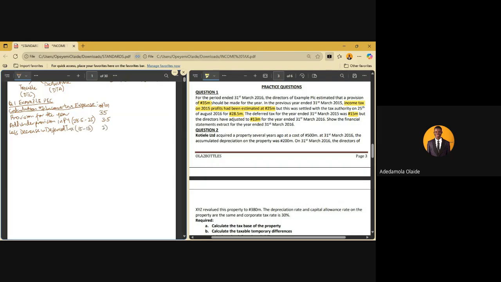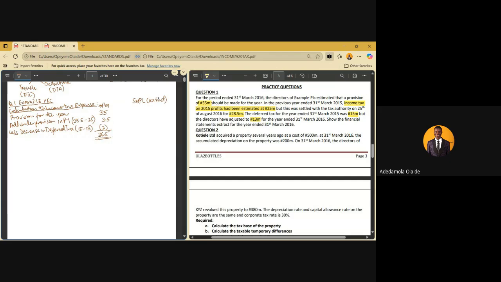We are lessening it. So what will be our income tax expense for the year? 36.5 million.